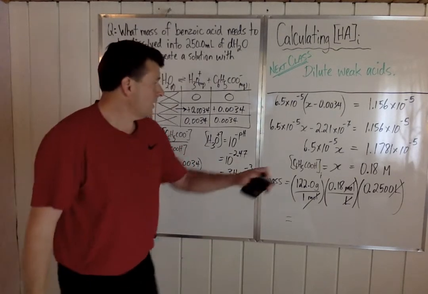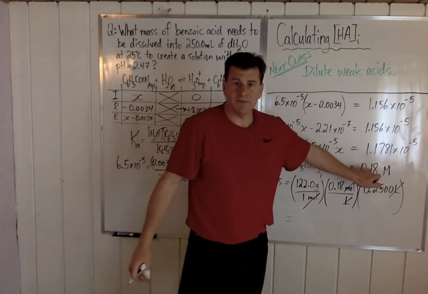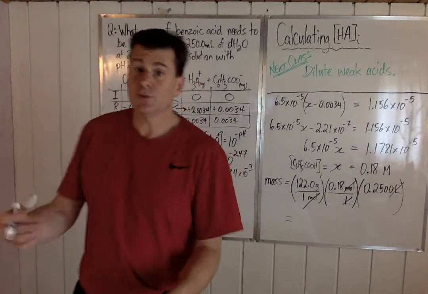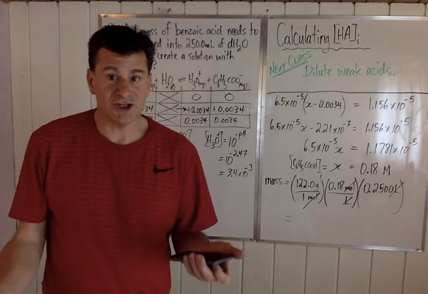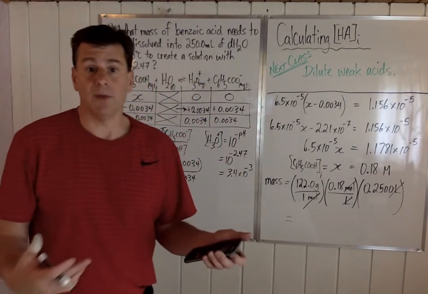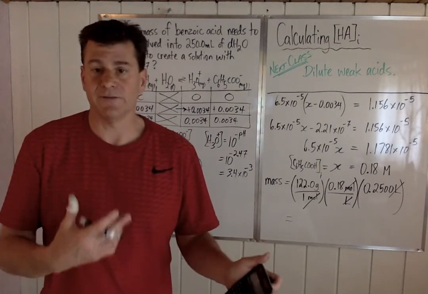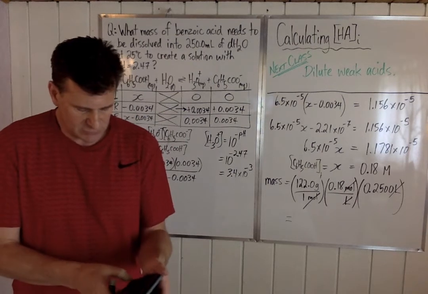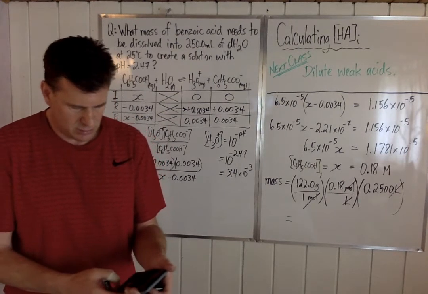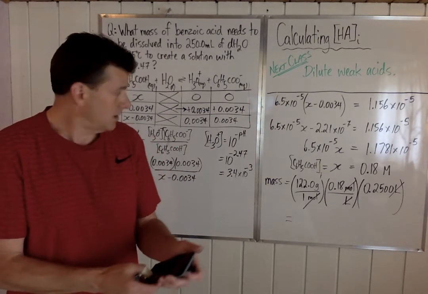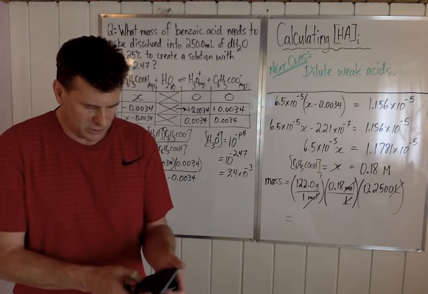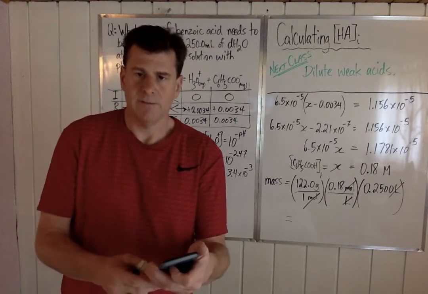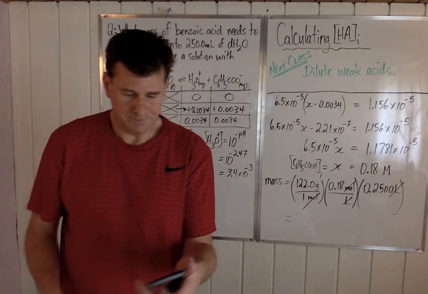Now, I've still got the unrounded value right here of the 0.18, so I'm going to use that because technically I haven't really changed anything. I can use this unrounded value and then round to 2 sig figs at the very end. So that guy times 122 times 0.25, which is milliliters converted to liters.